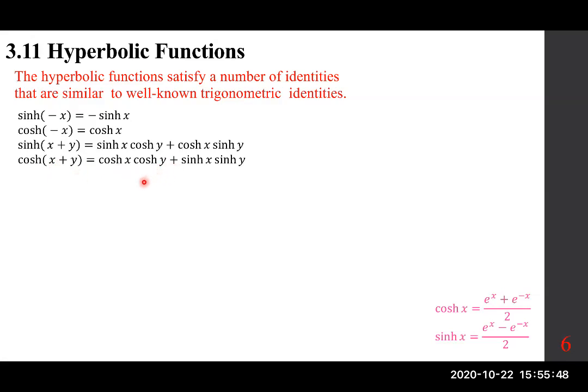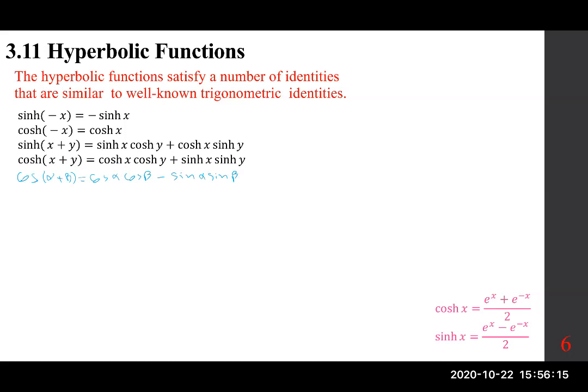Cosine of alpha plus beta was cosine alpha cosine beta minus sine alpha sine beta. So let me just write that for you. I don't want to use x and y on purpose because I want you to see this is cosine of alpha plus beta, given as cosine alpha cosine beta minus sine alpha sine beta.